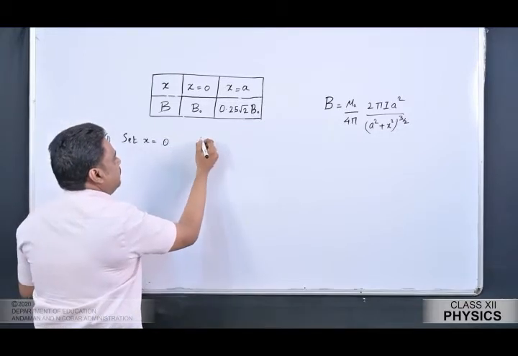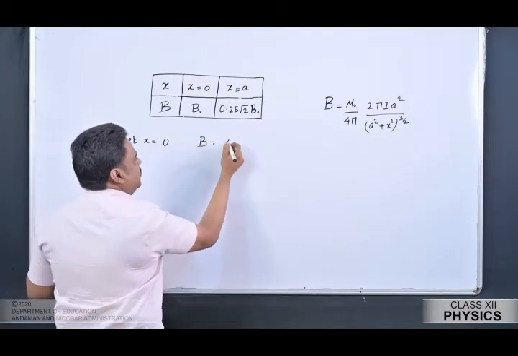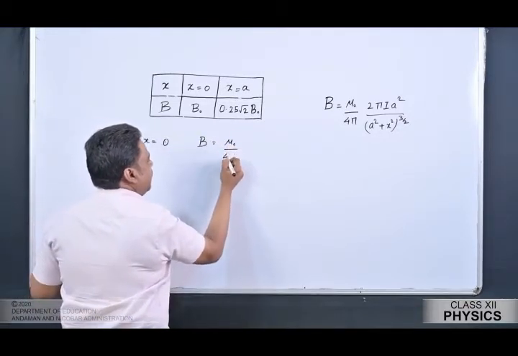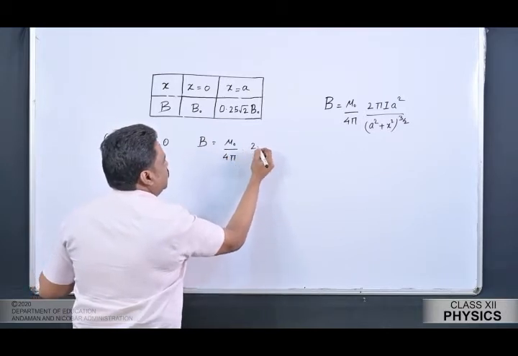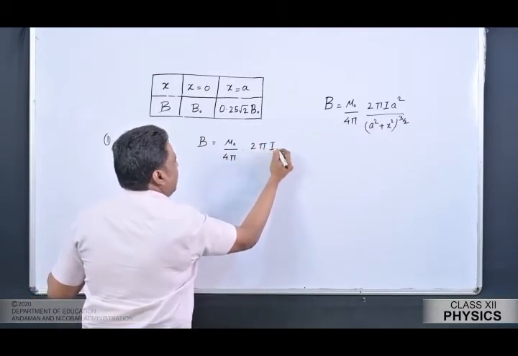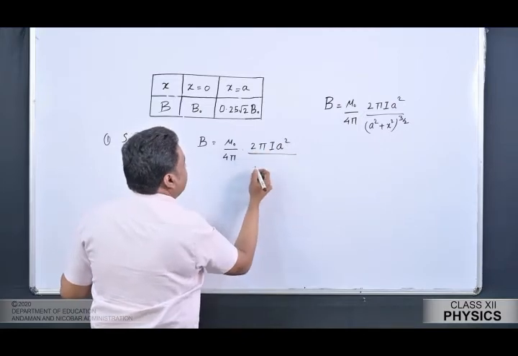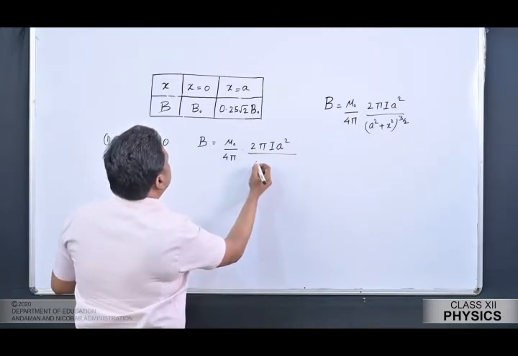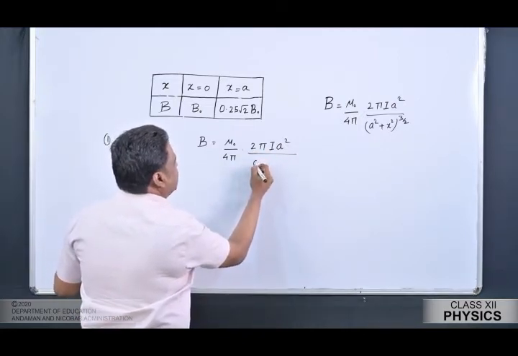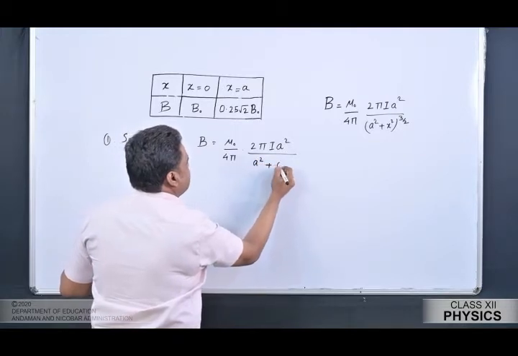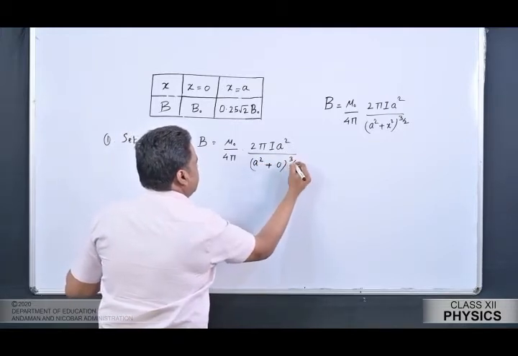You are able to see B is equal to mu naught by 4 pi, 2 pi I A square by, in place of A square it is A square only, in place of x it is 0 to the power 3 by 2.